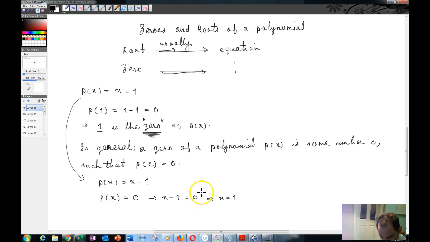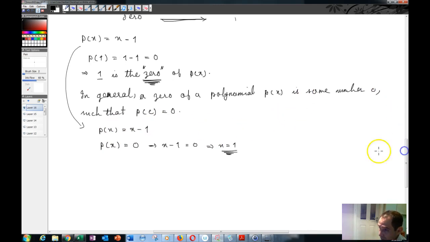So now, as you can see, in order to find the 0 of a polynomial, which is basically this number over here, I had to equate the polynomial to 0, and as a result of that I got this polynomial equation. Okay, I got this polynomial equation.